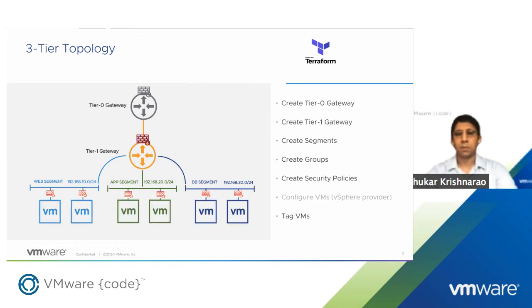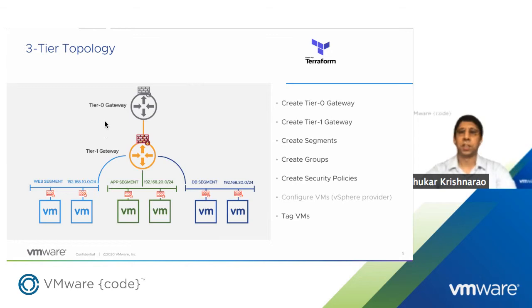The good thing about using Terraform as a platform to automate is you can seamlessly switch between different providers. As I mentioned, NSX-T has its own provider, and so does vSphere. When you want to configure a VM, in my case, I do want to create a new VM, one for web, app, and DB.